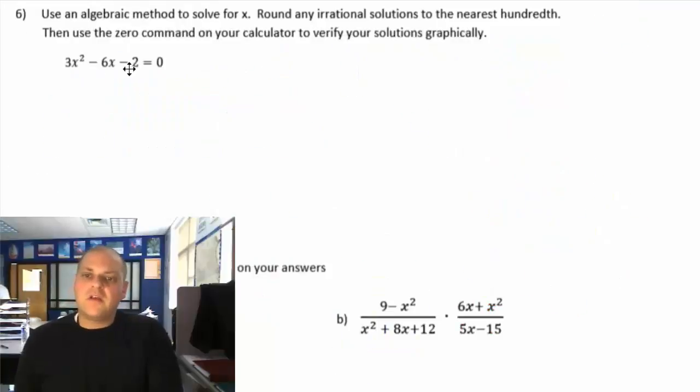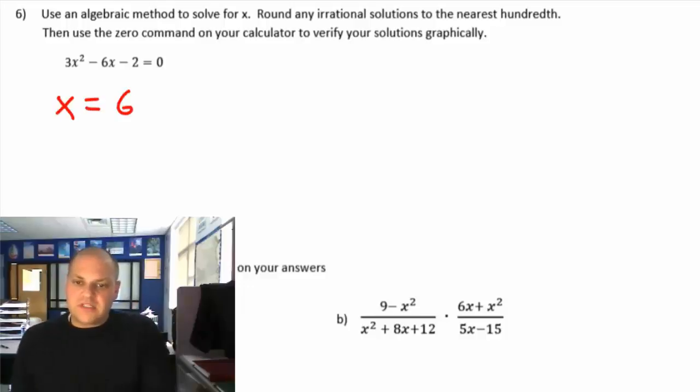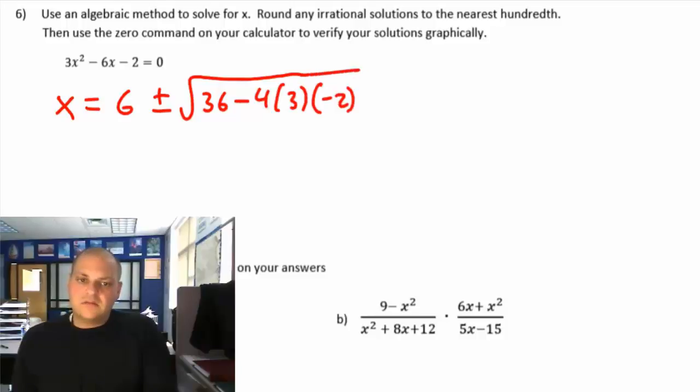Number 6. Use an algebraic method to solve for x. So the algebraic method is going to have to be the quadratic formula here, because it's not going to be factorable. So x equals negative b, which is 6, plus or minus the square root of b squared, which is 36, minus 4ac, all over 2a, 2 times 3.